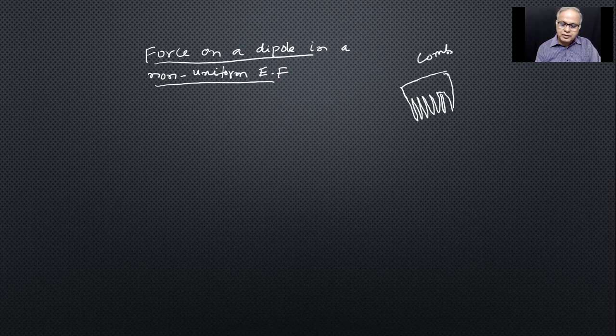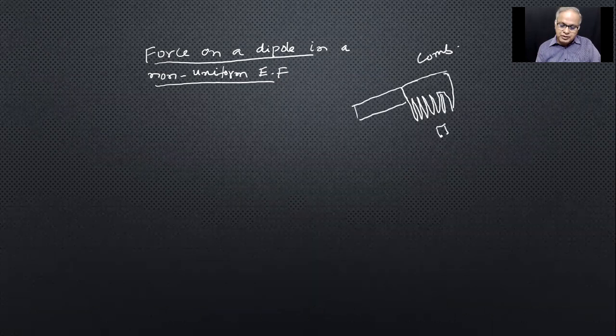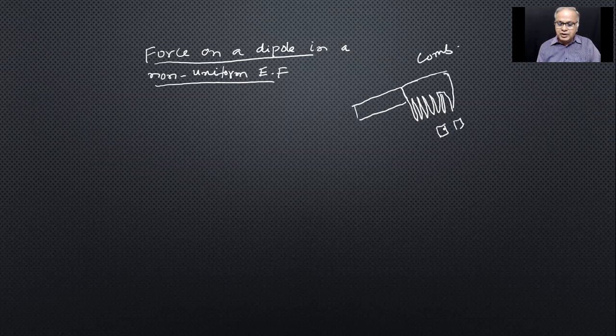Now something happens when you rub it into your hair, and then we bring this comb to some small piece of paper, and they get attracted. Probably when you rub it against your hair, some charges are formed, maybe. So something happens, they are attracted. How do you explain that?